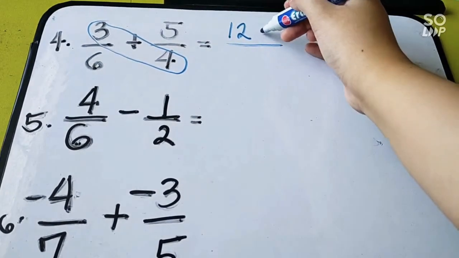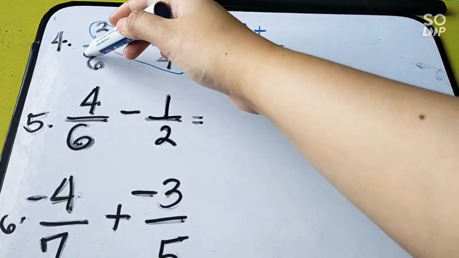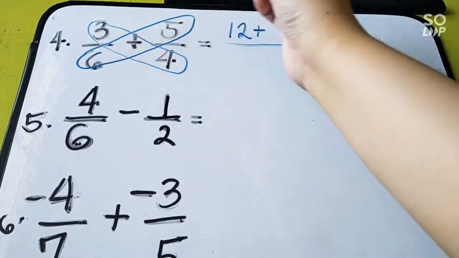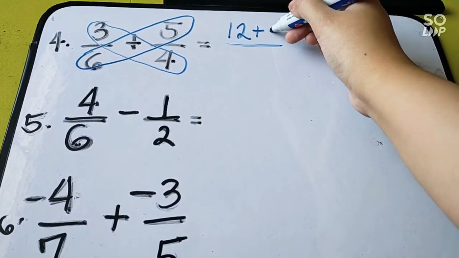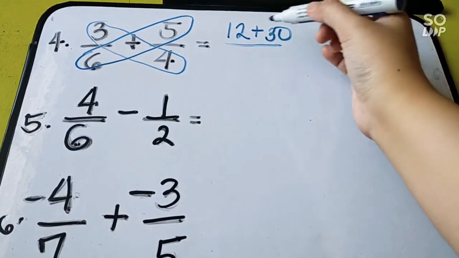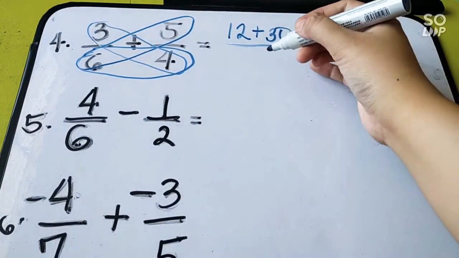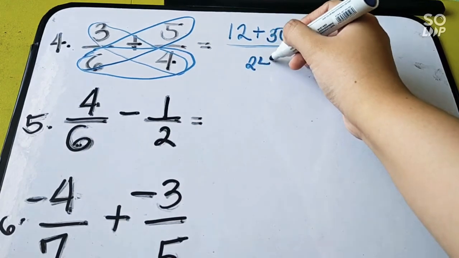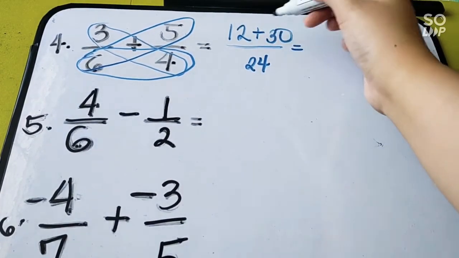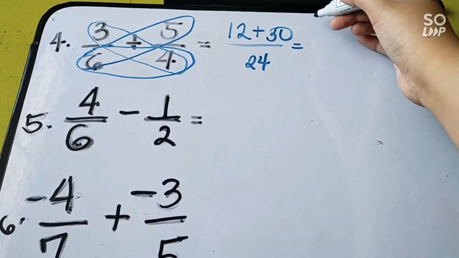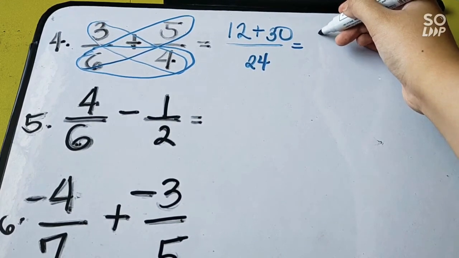Copy the sign. You have plus. Next, 6 times 5. The answer is 30. Next, multiply 6 times 4. The answer is 24. Equal. Combine. 12 plus 30. The answer is 42.